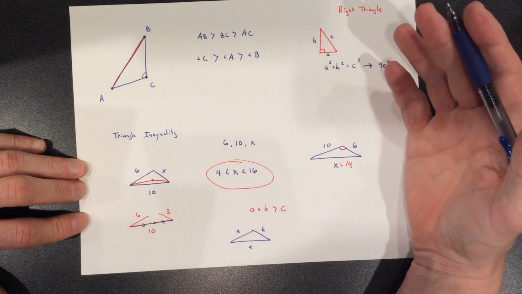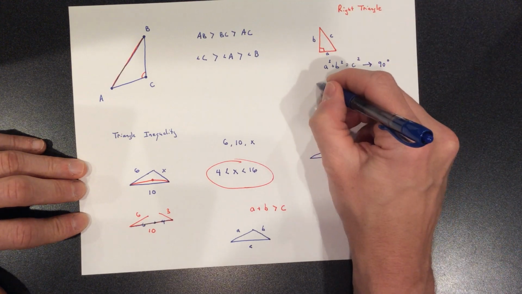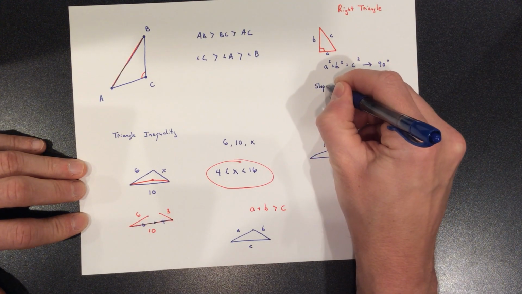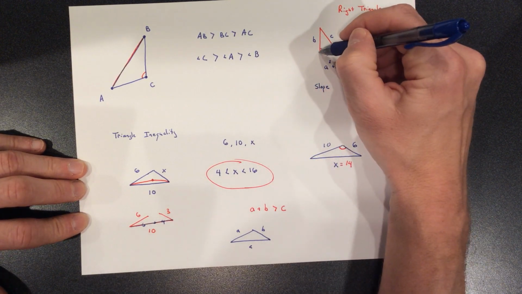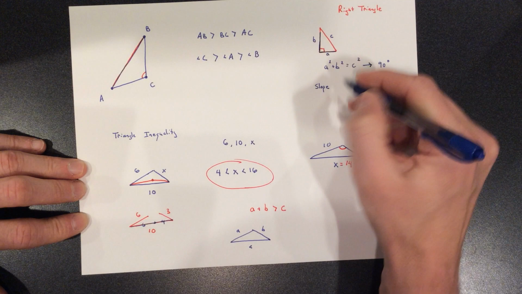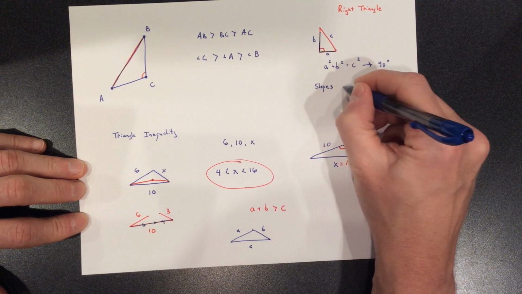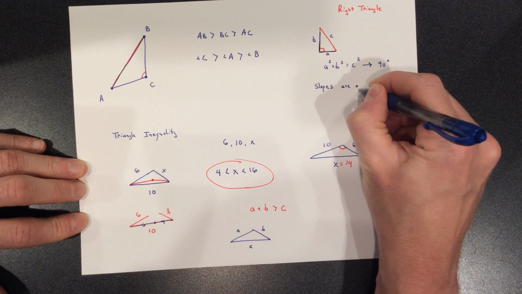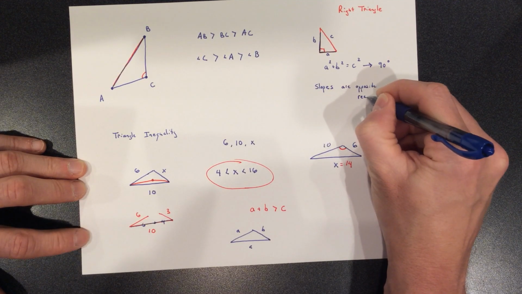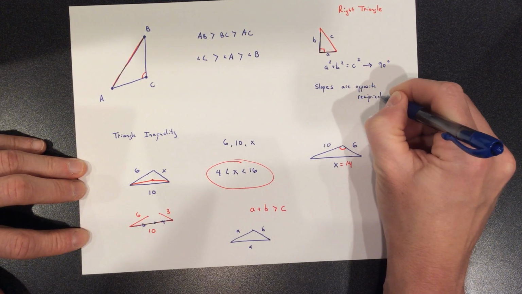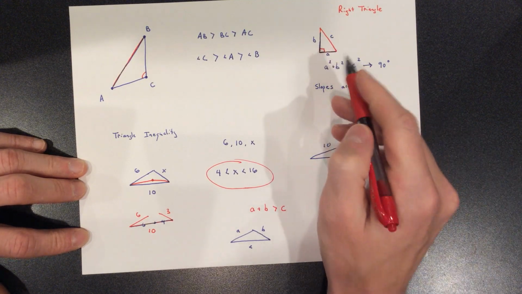And then the other way we can do it is that you can look at the slope of this guy and the slope of this guy. And what do we have to show? We have to show that the slopes are opposite reciprocals. Again, I know this one is flat, but let's tilt it.